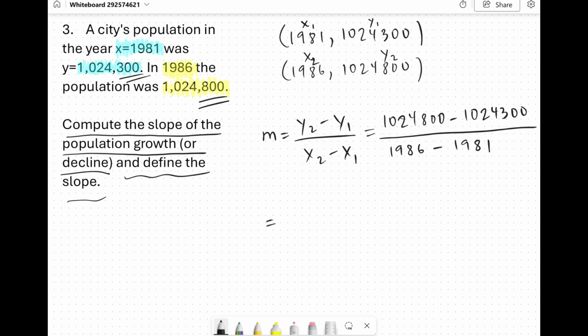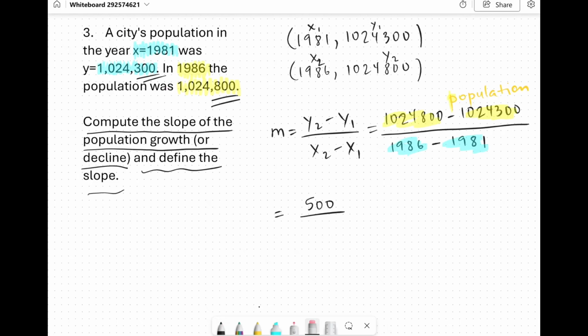So on the top, once you subtract, you will have 500. And on the bottom, once you subtract, you're going to have 5. So we simplify this fraction to 100 over 1. And let's determine what the slope means. Now, when you're answering what the slope is, just say that m is 100. You don't actually need the fraction. But to understand the meaning of the slope, it's better to have this 1 at the bottom.